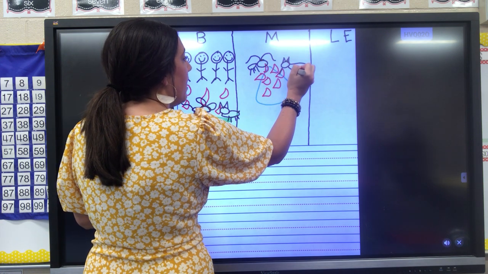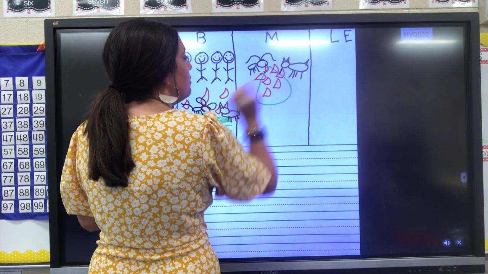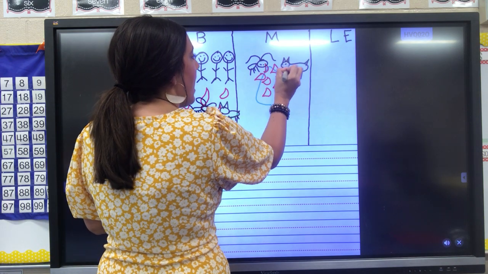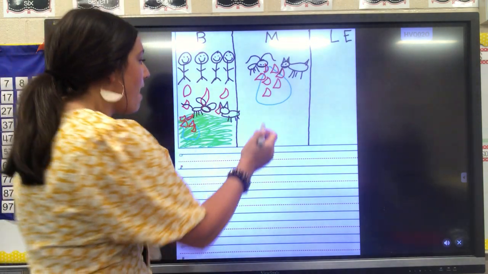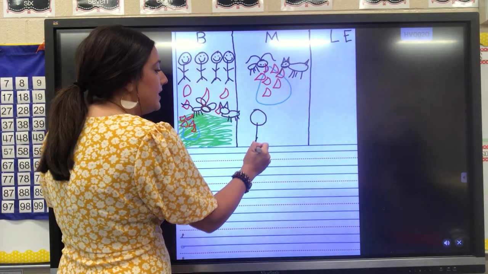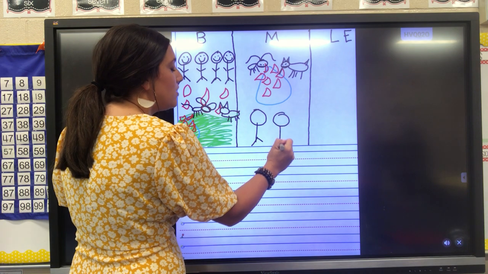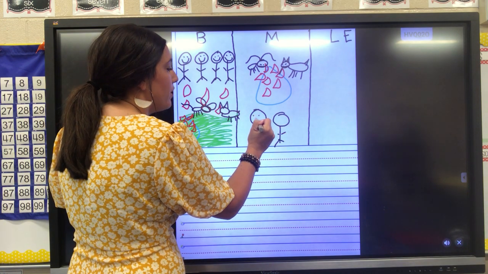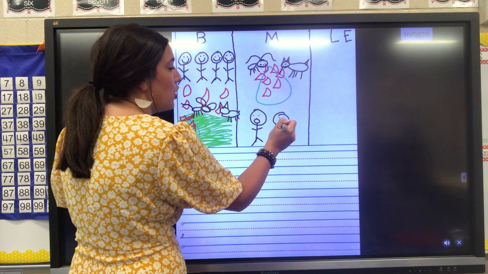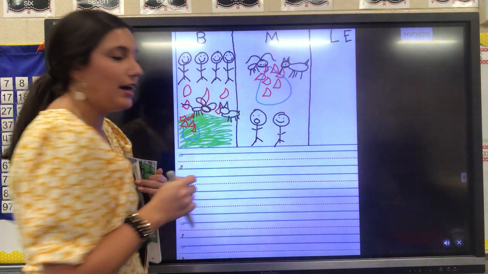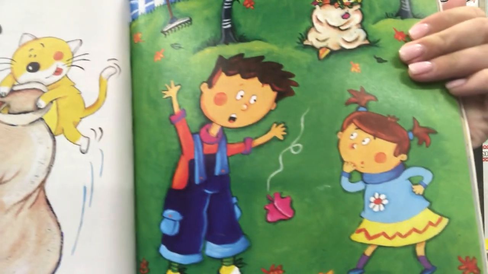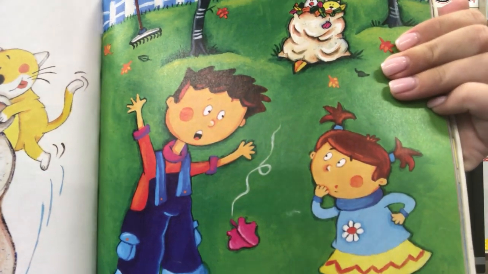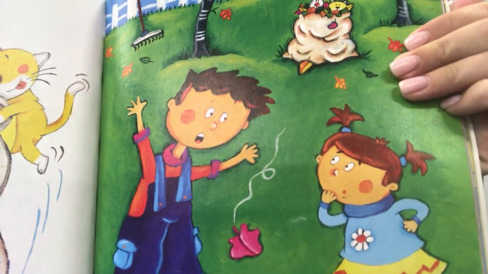Tip and Tam have made it to the bag of leaves, and they are hiding in there. Okay? Now, I might even draw Tip and Tam's friends with a surprise look on their face. Maybe like their mouths open, because they're going, oh my goodness, where are Tip and Tam? You can see his mouth is open, and they're really thinking, where have our pets gone?